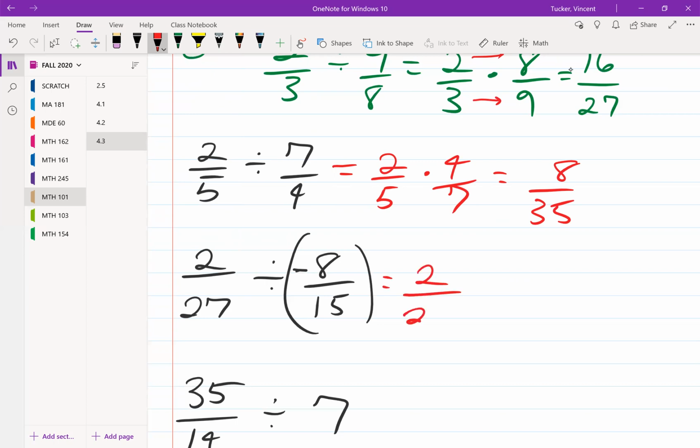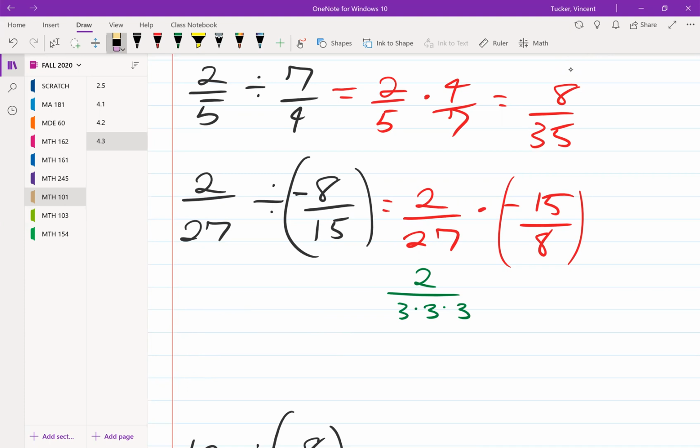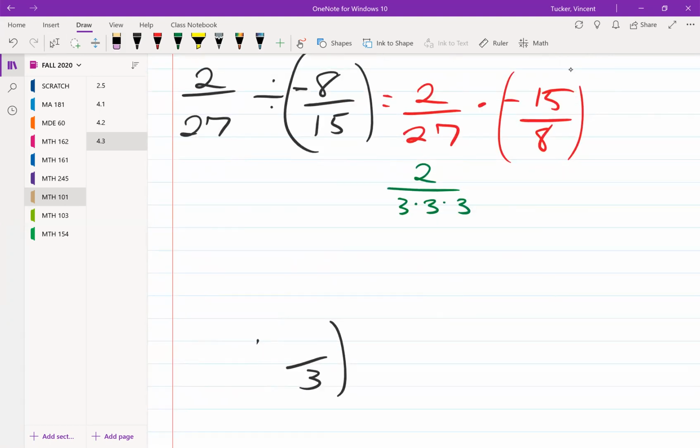Here we have 2 over 27 times negative 15 over 8. I should have given myself more room for this one, but it's all good. That's 2 over 3 times 3 times 3. So that's 2 on top.